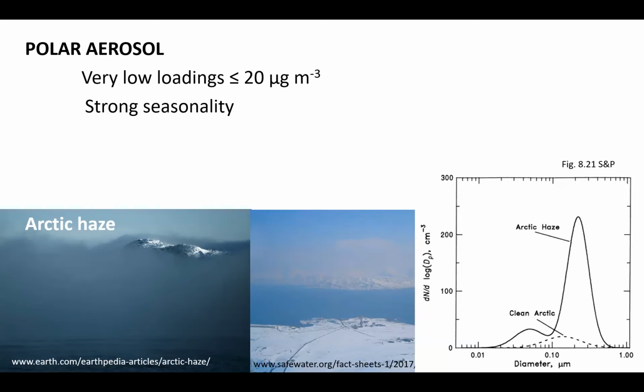So you can see the strong signal of this Arctic haze in size distributions over the Arctic, right? The Arctic haze is in solid, and the baseline clean Arctic is in this dashed line. So we get many more particles when this Arctic haze phenomenon is active.